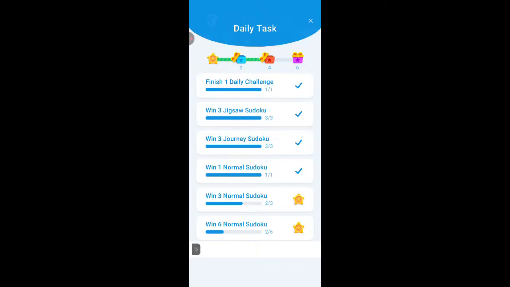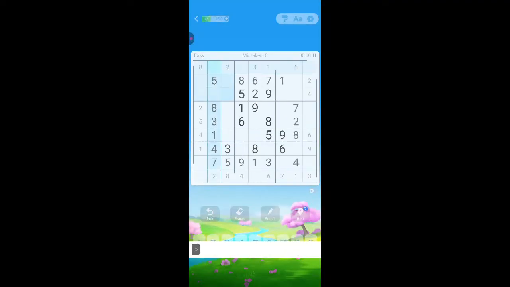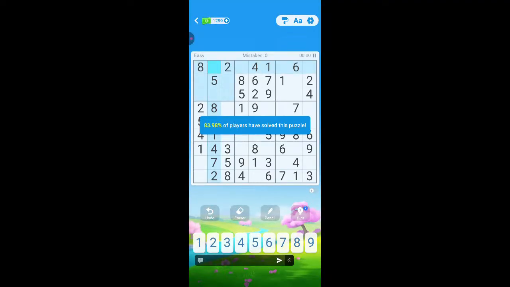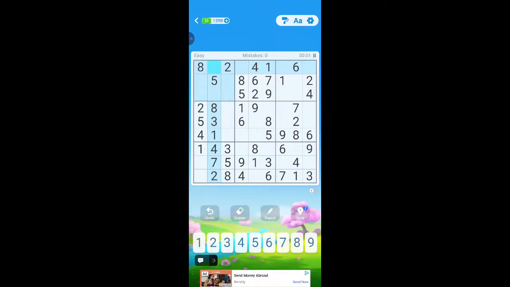Normal Sudoku, it counted that. Normal. The hell is your definition of normal? I thought it was normal difficulty. Bitch ass.